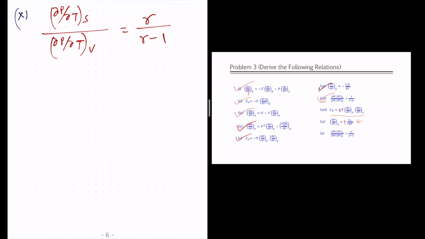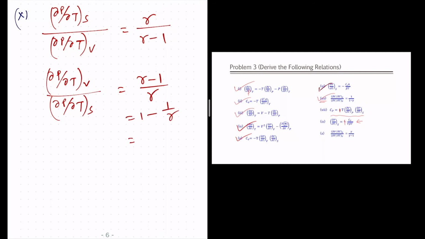Again, I would like to prove the inverse of this: del P by del T at a constant V divided by del P by del T at a constant S is gamma minus 1 by gamma, which is 1 minus 1 by gamma, which is 1 minus Cv by Cp. This is what we need to prove.